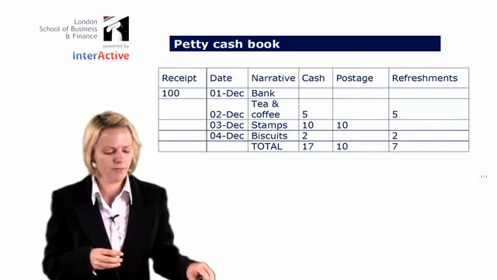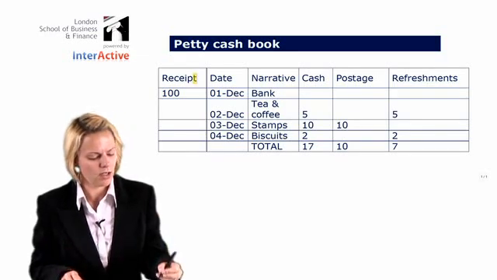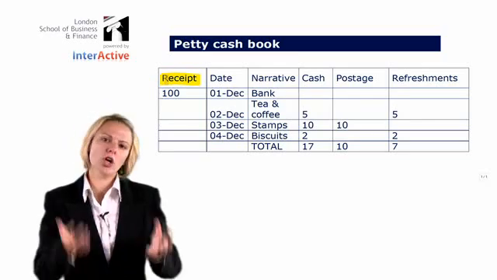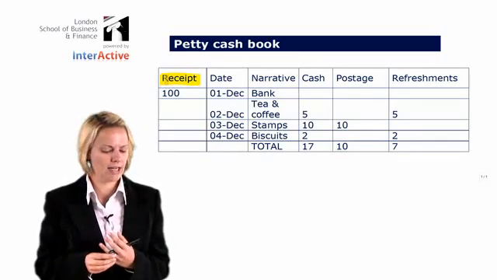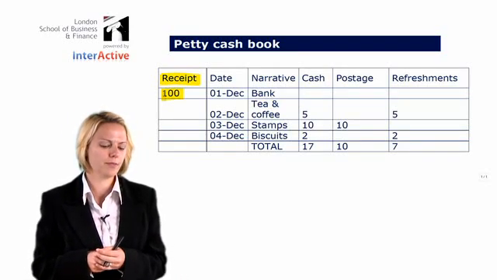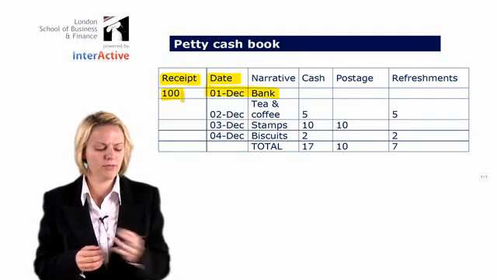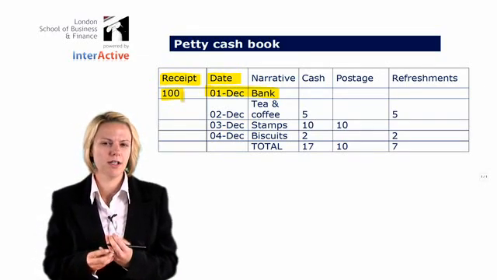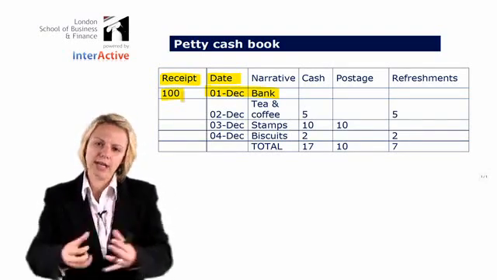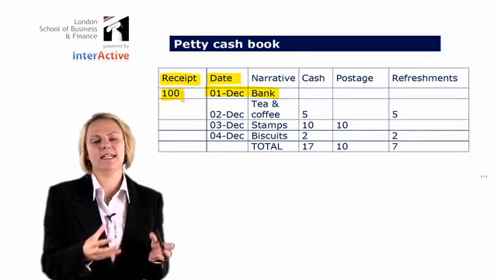So we can see then that we have a slightly different layout once again. What we do is we have a receipt column first of all, and that's going to show all the receipts in to petty cash. And can you see there, the receipt is $100. We then have the date, and we can see that from the bank, we received in $100. So could you think of the double entry then? Well, we'd take money out of the bank and credit bank and debit the petty cash asset account.